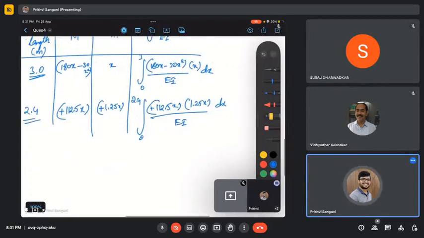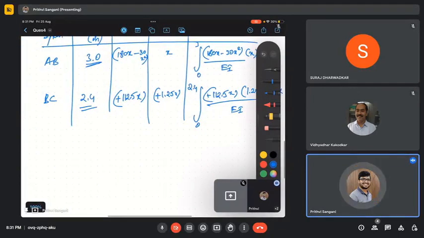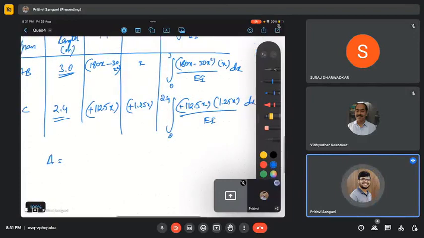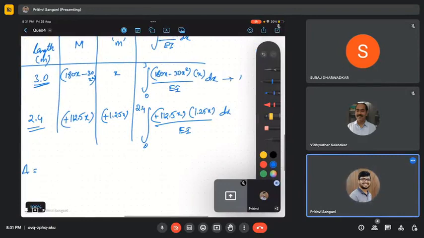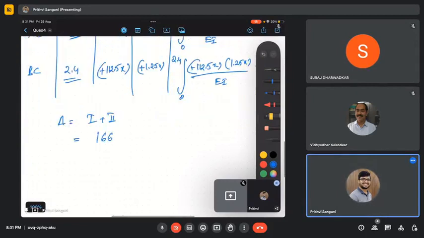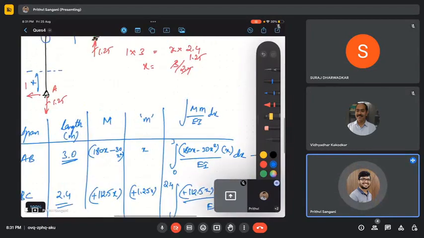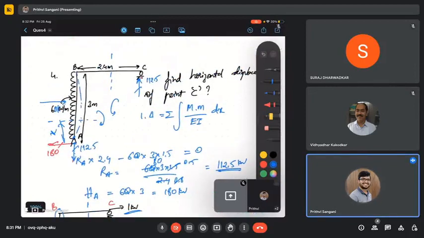Once you do this calculation, you will get delta as, calling this 1 and this 2, delta is 1 plus 2, that is 1660.5 by EI, positive. That means it is going in this direction. I have taken my unit load horizontally to the right side as positive, so I will get my final displacement as positive in the right direction.